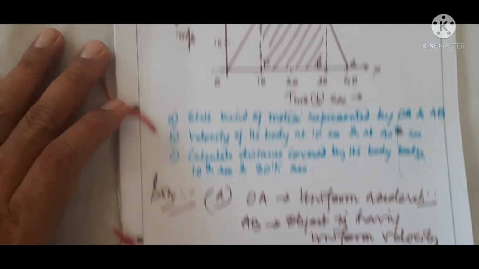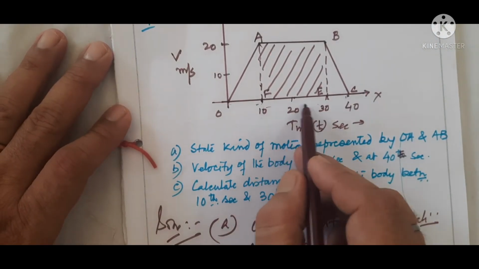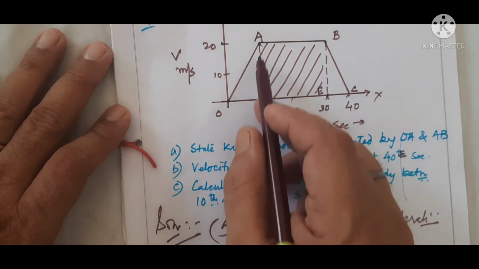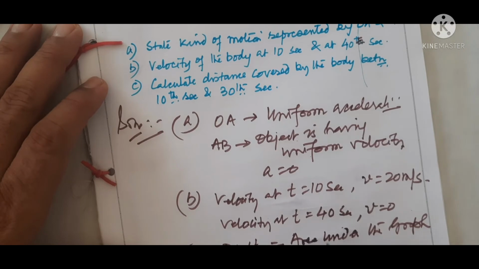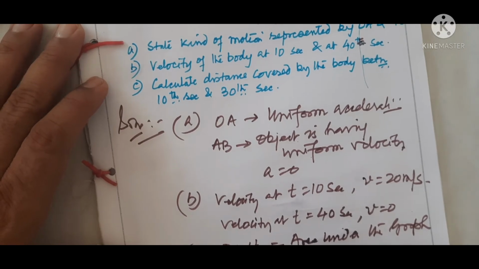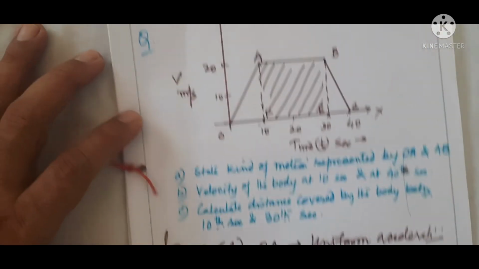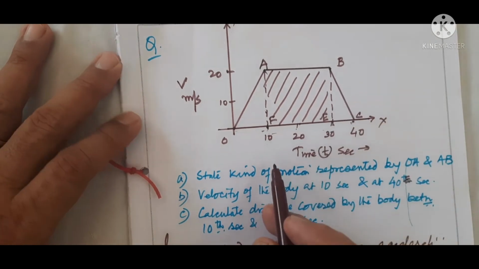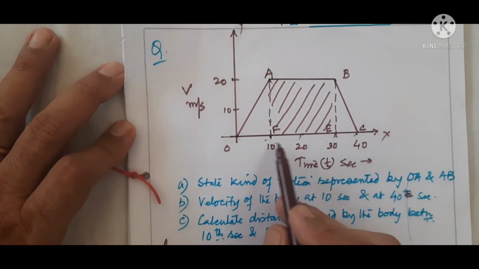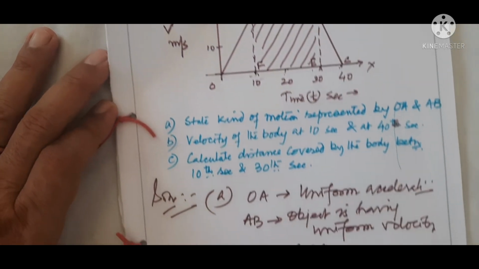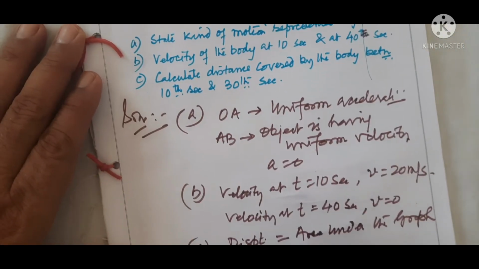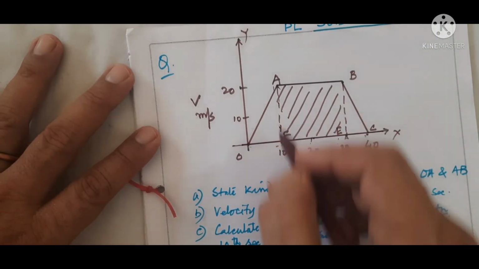And the graph has a rectangle here, a square of 20 by 20. So that will be the area, length into breadth. How did we understand it is a square? This is 20 and from here to here is 20. The area is what is inside the graph. We can write it as AF into FE.